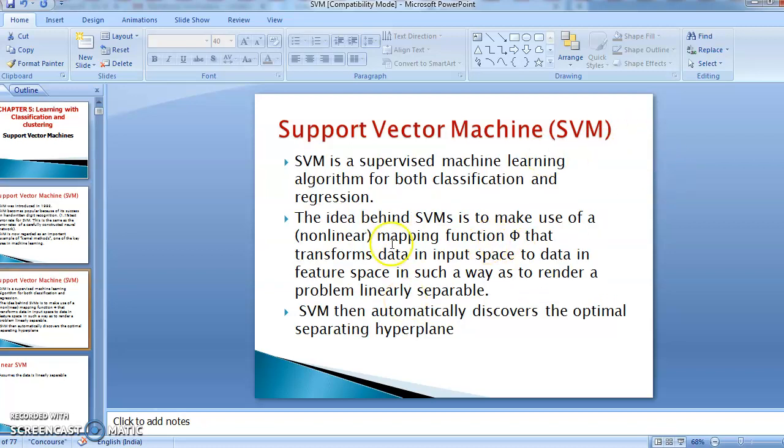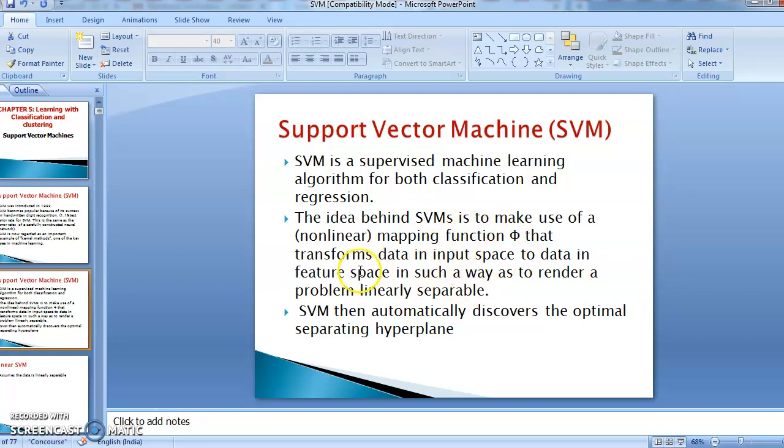What I have explained is written here. SVM is a supervised machine learning algorithm used for classification as well as regression. Here we use a kernel method, also called a mapping function, which transforms the given input space into the feature space.